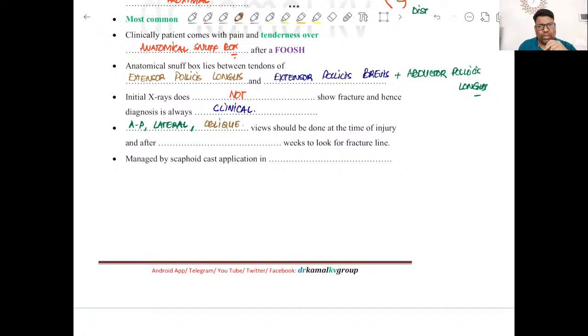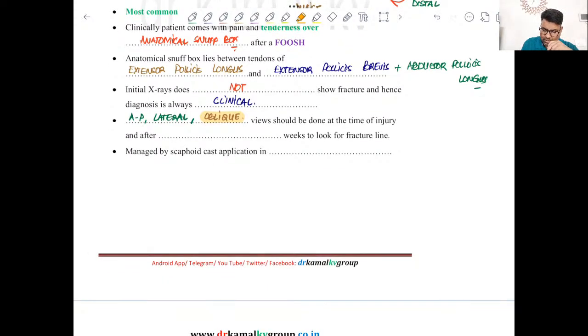So for most of the fractures we take only two, AP and lateral, but for scaphoid this is an additional view which should be taken, right? And again you can take one more x-ray after 2 weeks, after 14 days, when there is resorption of the bone, and this might make the fracture line look more clear, right?